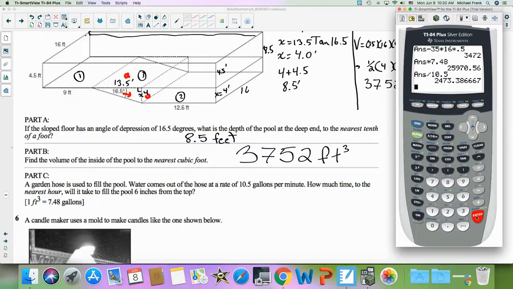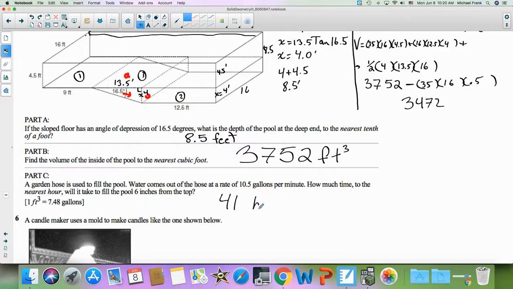Well, it's 2,473.386667 minutes. But they're asking me to the nearest hour. Yeah. Well, we got to know how many minutes there are in an hour, and there's 60. I'm going to divide that by 60. Hit enter. So to the nearest hour, it's going to be 41 hours.